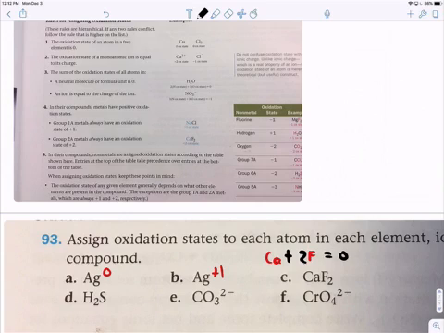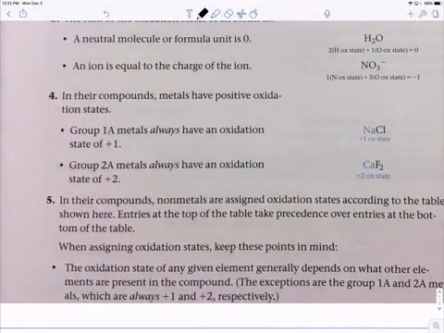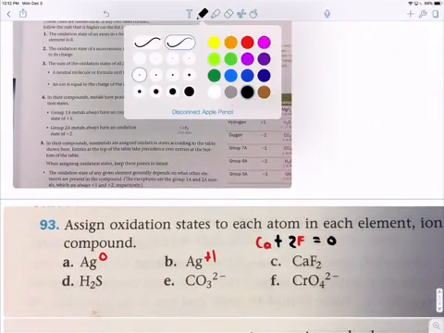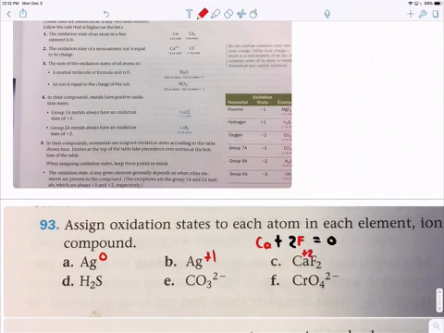And if you look then at rule number 4, 2A, that's alkaline earths, they always are +2. So calcium is going to be +2. And if calcium is +2, that means fluorine is forced to be -1, because if you have 2 plus 2x equals 0, x equals -1. So fluorine is -1.